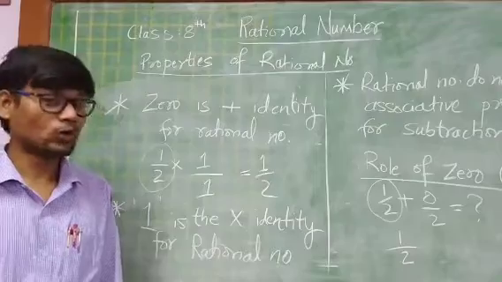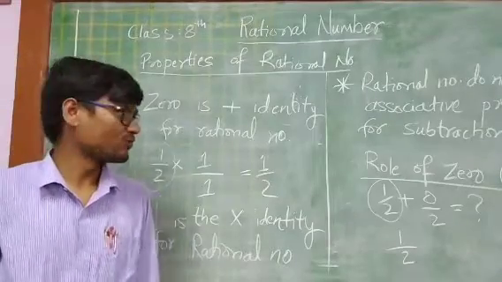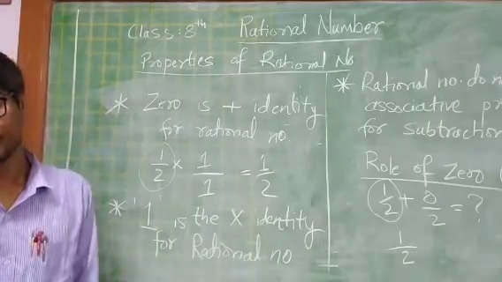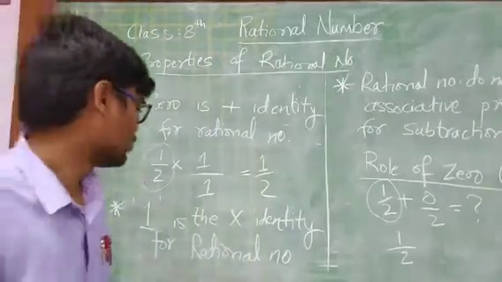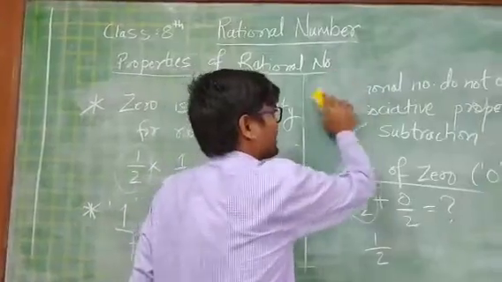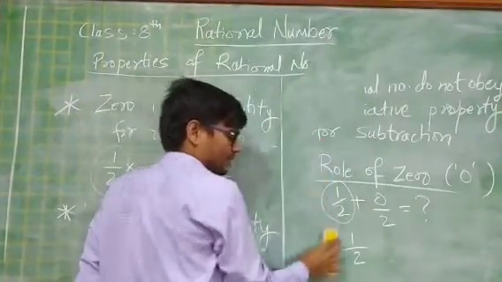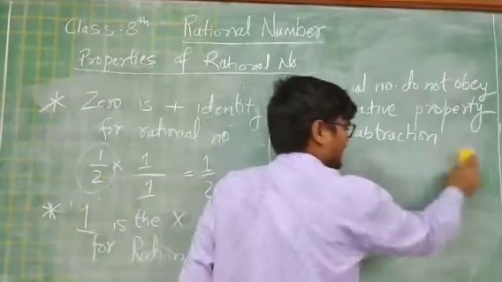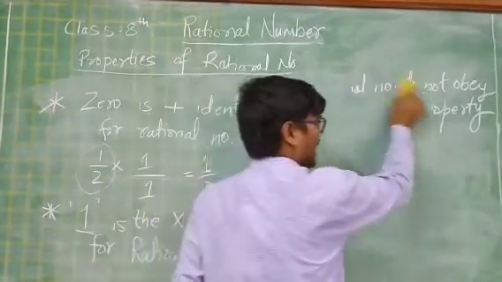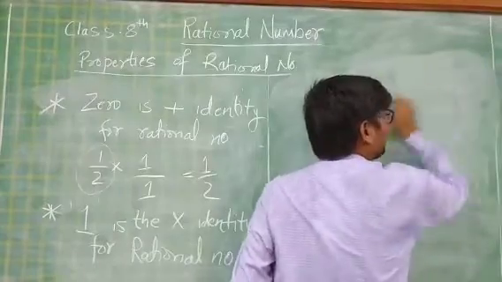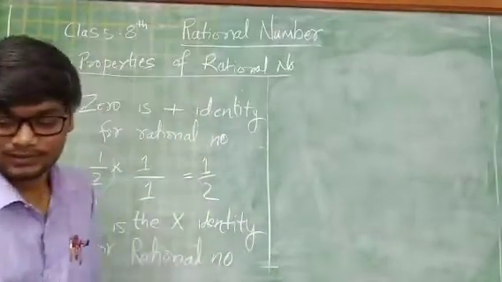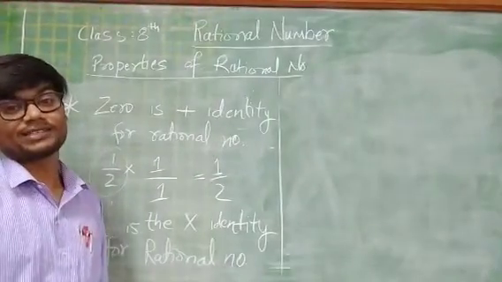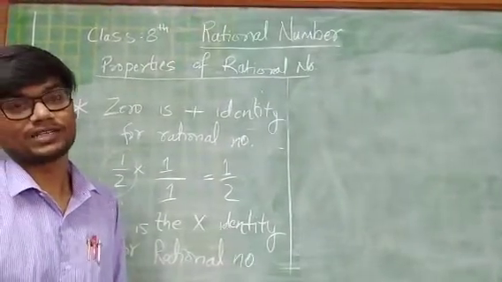Now we are going to look at the negative of a rational number. We will learn what we mean by the negative of a rational number. We first came across negative numbers in the collection of integers, where we had positive integers and negative integers. Here also we will discuss positive rational numbers and negative rational numbers.